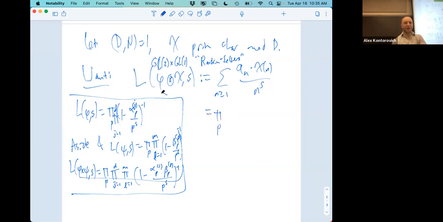So if this guy has Satake parameters alpha p1 and alpha p2, then by this recipe, we should have 1 minus alpha p1 chi of p over p to the s inverse, 1 minus alpha p2 times chi of p over p to the s inverse.